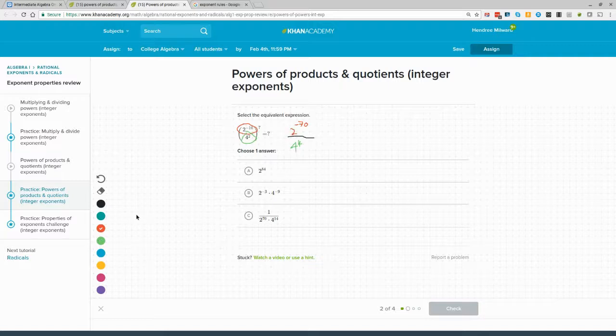Again, that's just the use of the negative rule. I can always change the sign of the 70 by moving it in the fraction to the other side of the fraction. Here I'm moving it down, so it becomes positive. And if you move everything on one side of the fraction, there's just a 1 there that remains. So there's a 1 up top, and then a 2 to the 70th times 4 to the 14th.